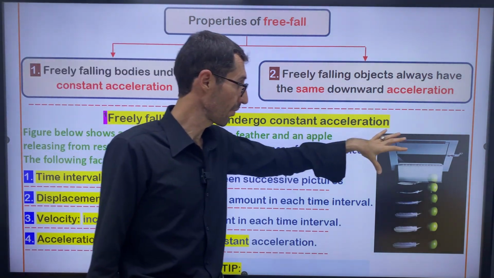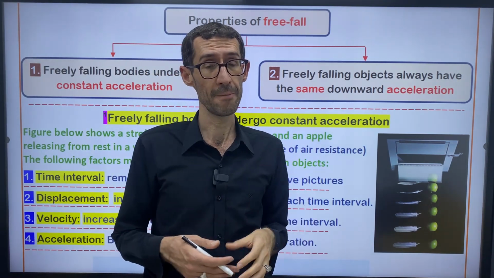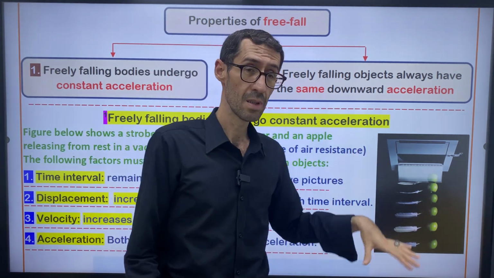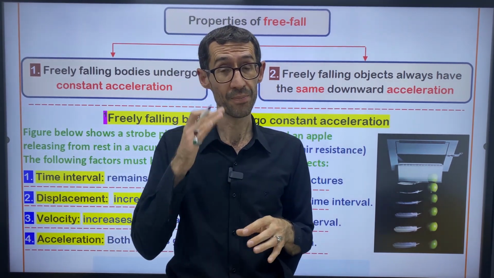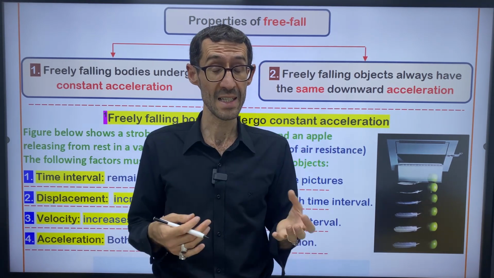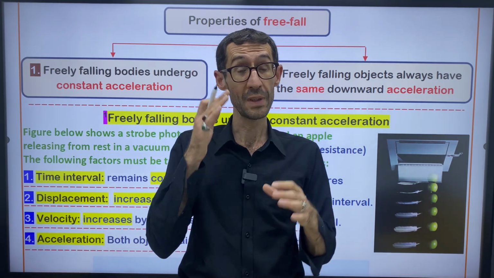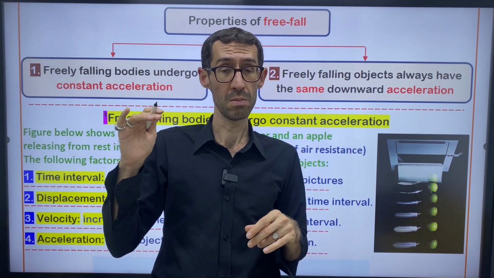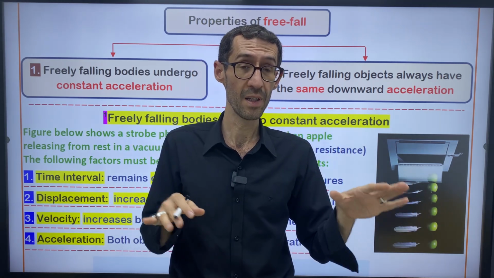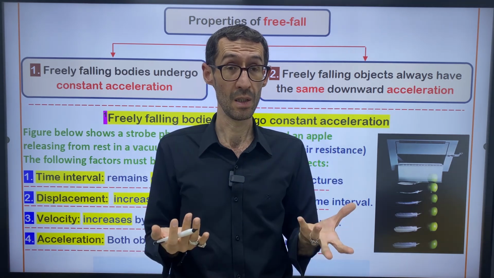By using a vacuum chamber, you can refute Aristotle's thought, because Aristotle said that heavy objects fall faster than lighter ones, and it's completely wrong. We don't believe this. Maybe you say, teacher, whenever you do this experiment, whenever you fall a feather and a hammer, or apple and feather, you see that the apple falls faster than the feather.